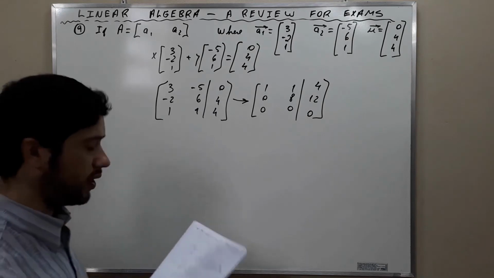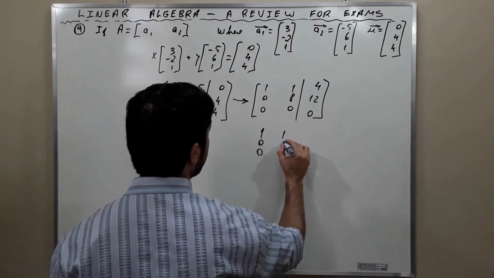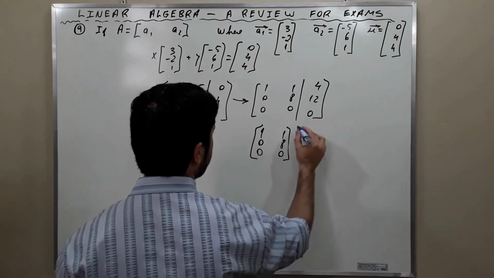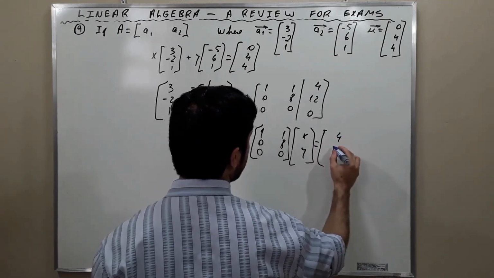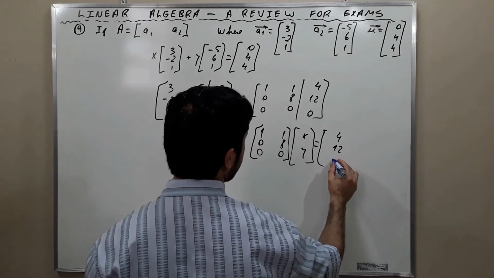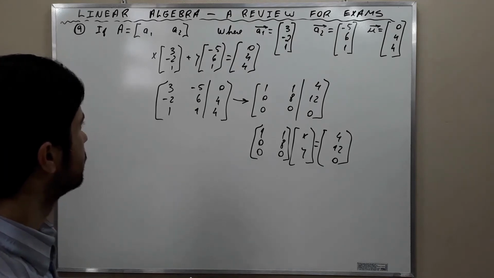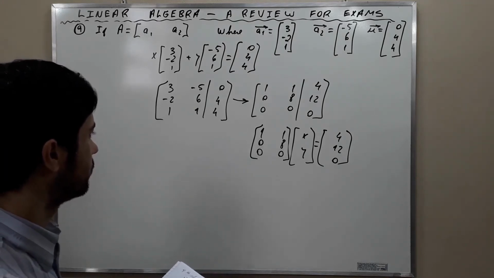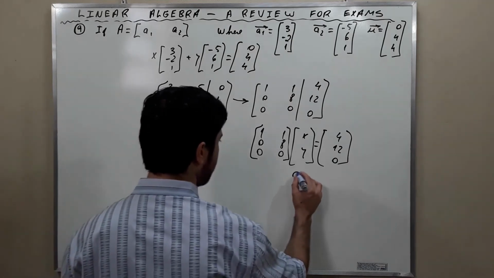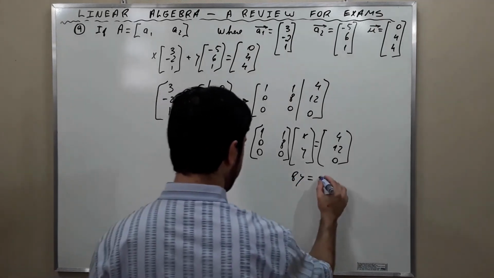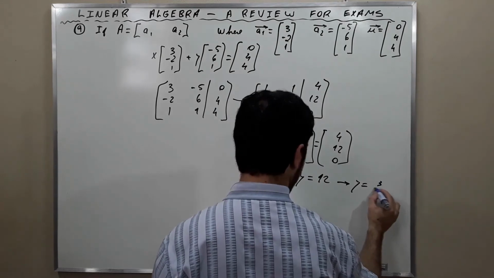Here, we can rewrite this in this way. And we find that 8y is equal to 12, which means that y is equal to 3/2.